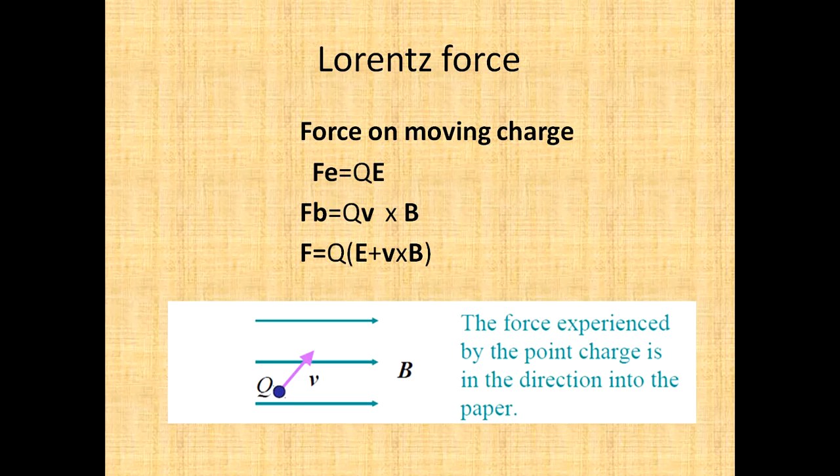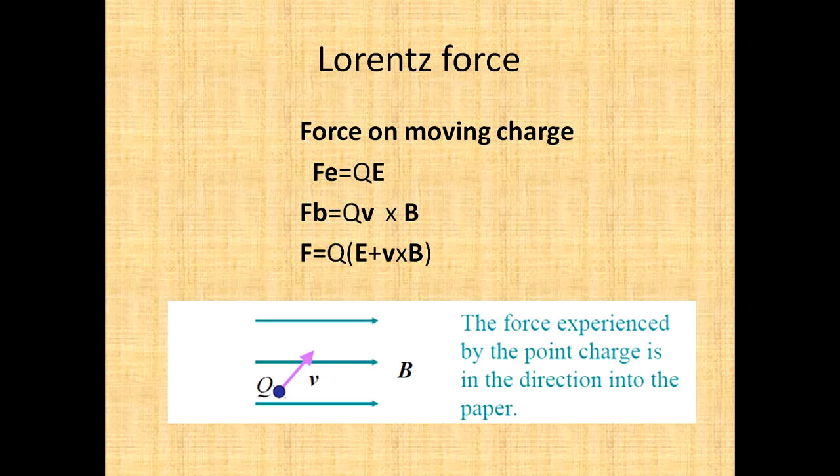Now, based on the theory of this, previously we have studied that the force on a charge is equal to Q into E bar, where E bar is the electric field intensity. So if you know the electric field intensity, then you can calculate the force. Similarly, the magnetic field is B bar, and the charge is moving with velocity V bar.